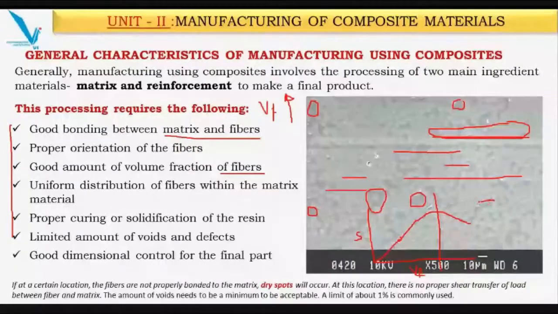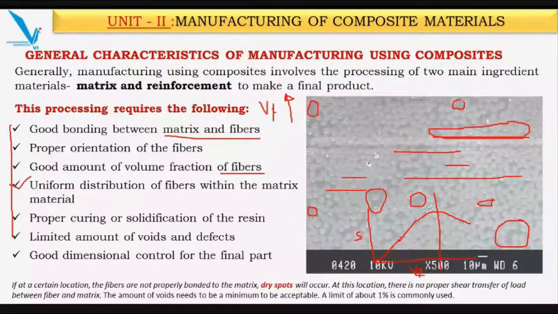So this is the weak portion. It should be ensured that there is a uniform distribution of the fibers within that particular laminate. Otherwise, it will form weak sections, that particular area will be weakened, and it may lead to failure.